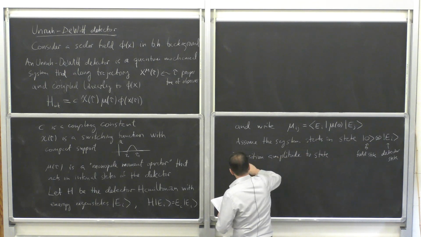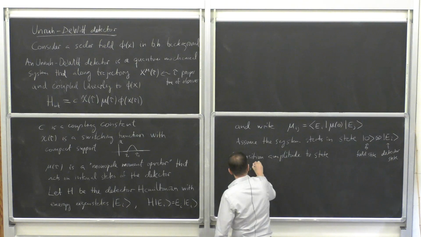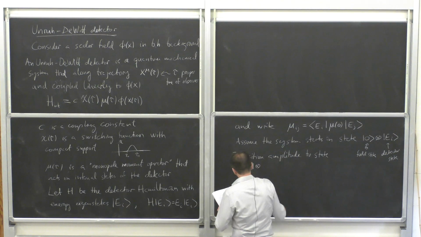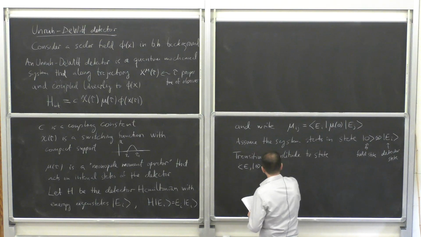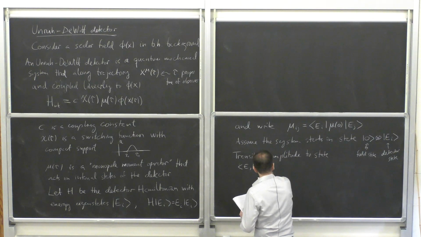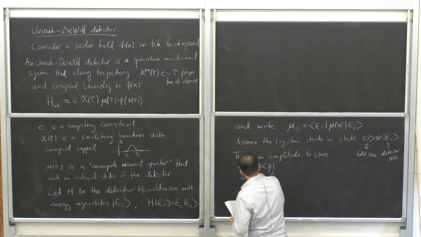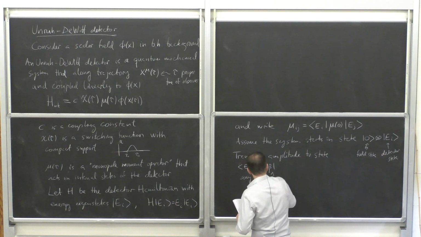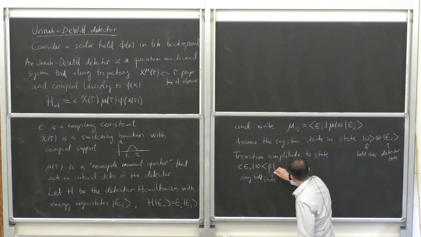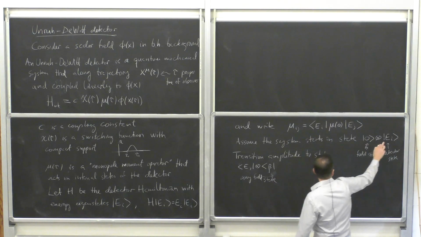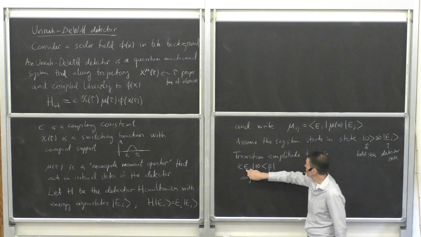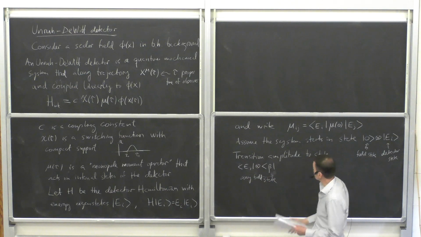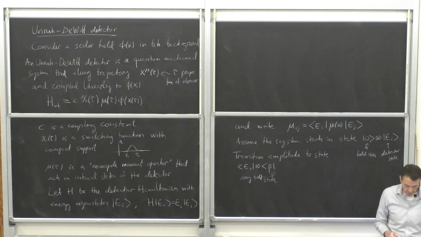Let's call it EJ tensor beta, where this beta can be any field state, right? So we're going to go from a particular initial state to a particular final state for the detector, but we're actually not going to keep track of what the field is doing. It's allowed to do whatever it wants.